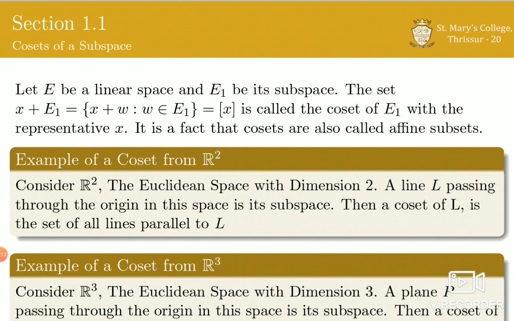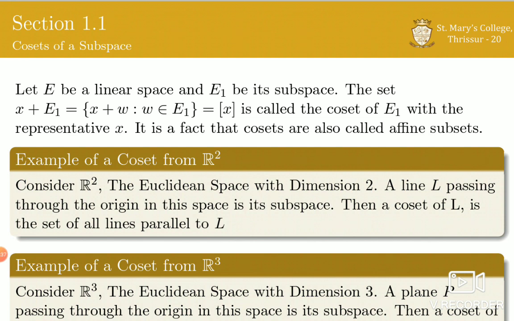First is the trivial subspace, that is the 0 subspace. Then we have the whole set, that is R2 itself, which is also a subspace. Other than that, the non-trivial proper subspaces of the Euclidean plane are all straight lines passing through the origin.